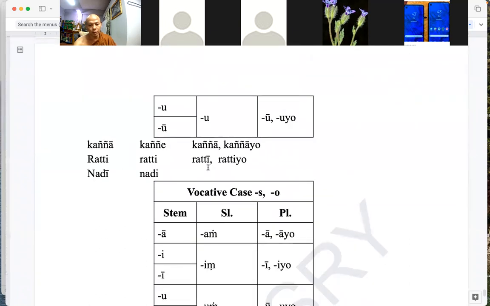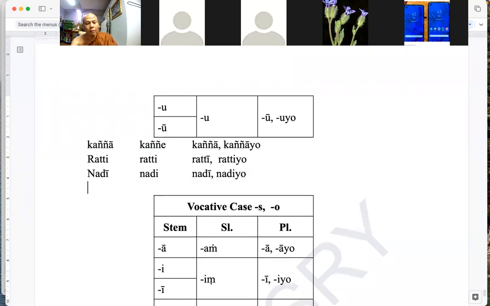So that is why nadi, yo, rati, yo. In vocative case singular, R is replaced by the A, but E becomes short. Long becomes short. Okay.